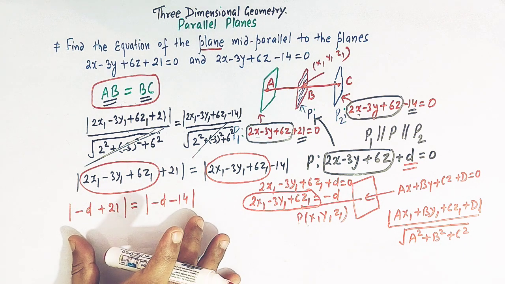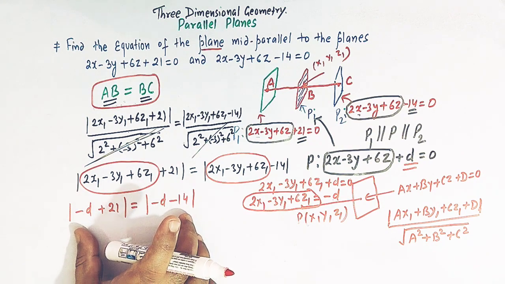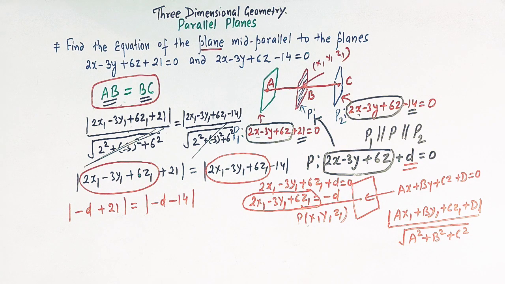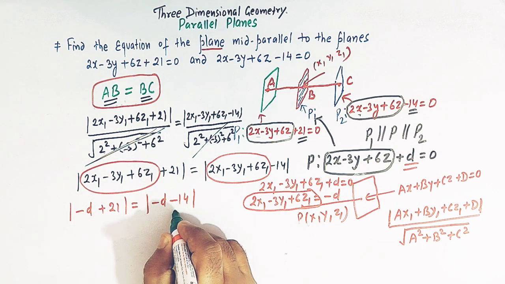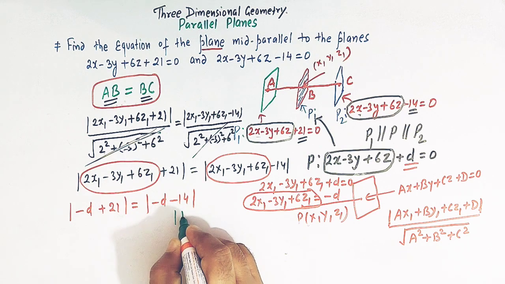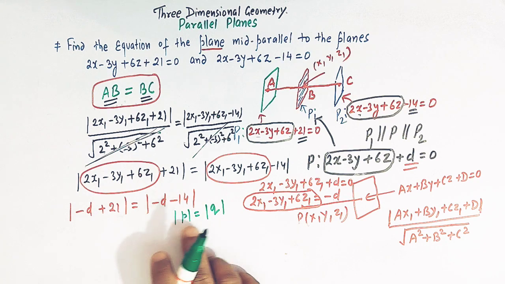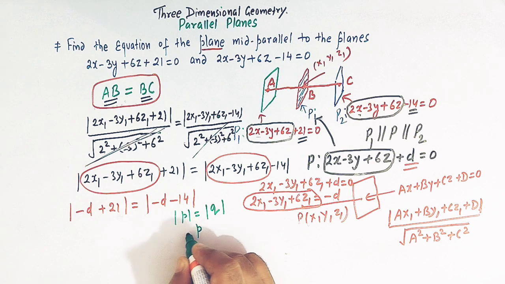Okay, so now we have an equation in d in which both the sides contain the absolute value function. So in order to solve this equation, we'll make use of an important result from algebra. That is, if we have mod of P equal to mod of Q, then we can remove the mod sign from both the sides by writing plus minus P equal to Q, right?